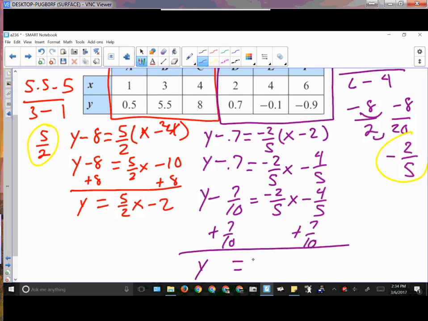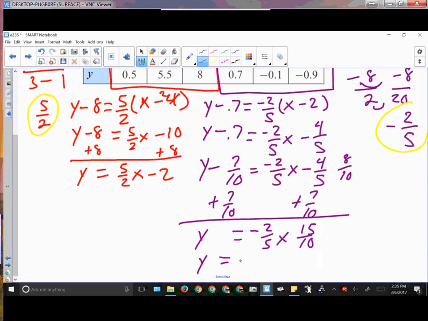Y is equal to negative 2/5 x. Well, this would have to be 20 over 10. No, it wouldn't be. 8 over 10, which would get me down to 15 over 10.